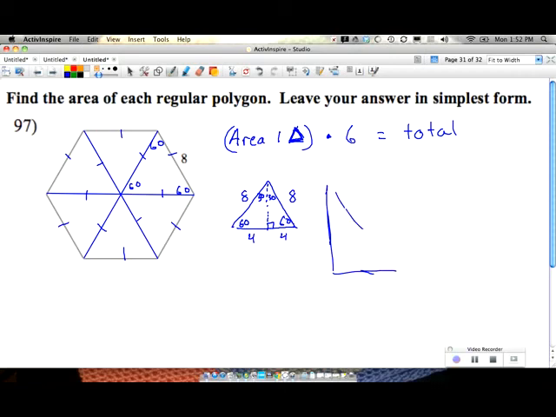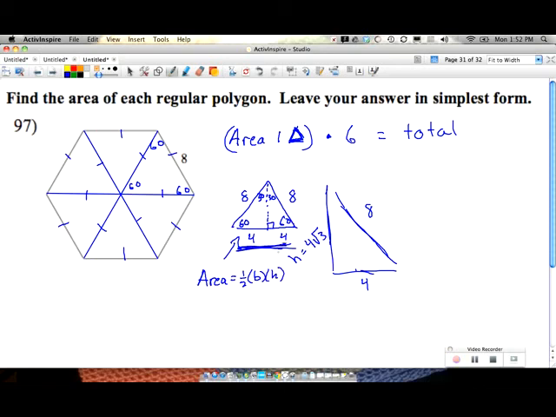So if I'm trying to find the area of this triangle here, the area is really equal to half the base times the height. Well, the base of the triangle, that's pretty easy. That's 8 all the way across. So we got 1/2 of 8, and then we're going to multiply that by the height, which is 4 root 3.